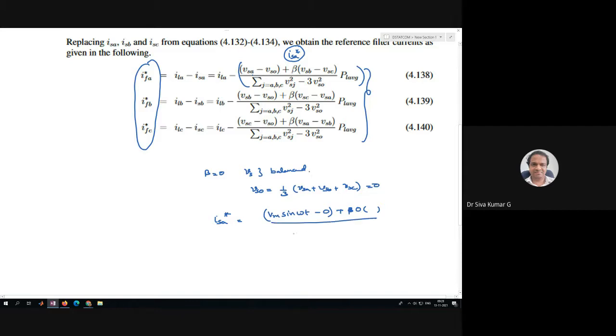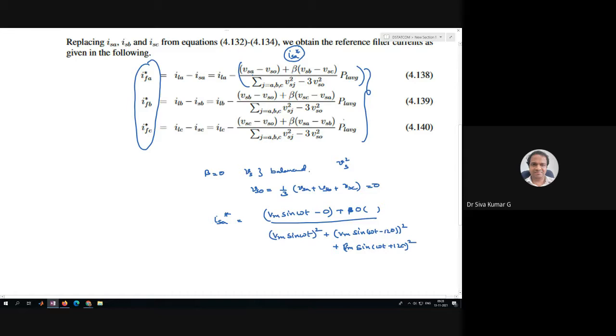The below expression we get as V square. What the expression is, is Vm of sine omega t whole square, because these are the source voltage of phase A, and then Vm of sine omega t minus 120 whole square, plus Vm of sine omega t plus 120 whole square.